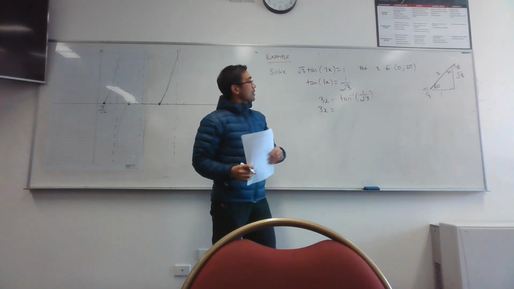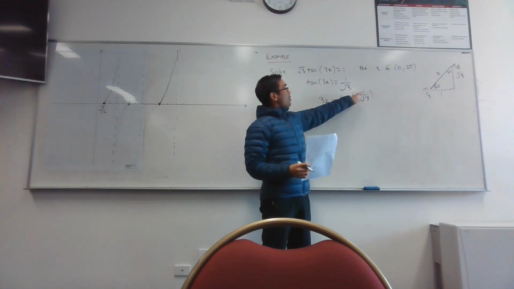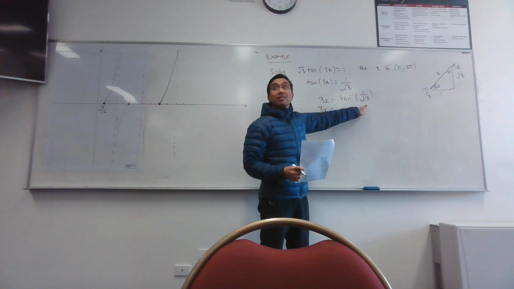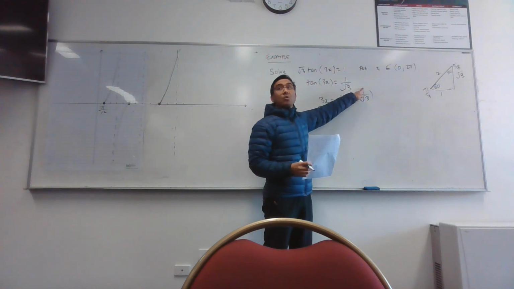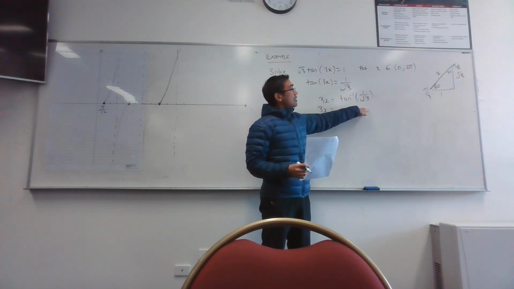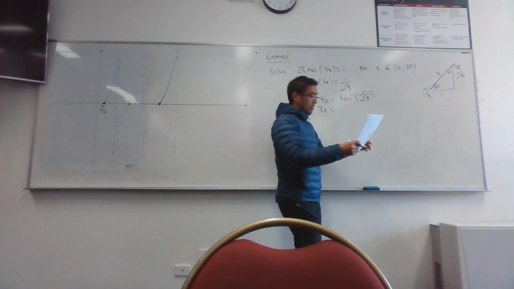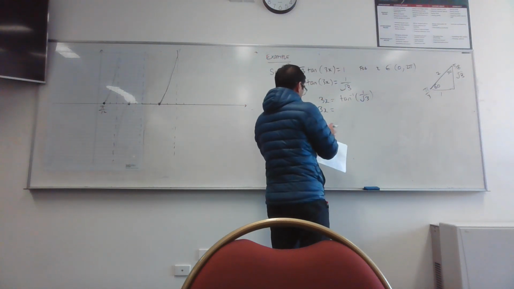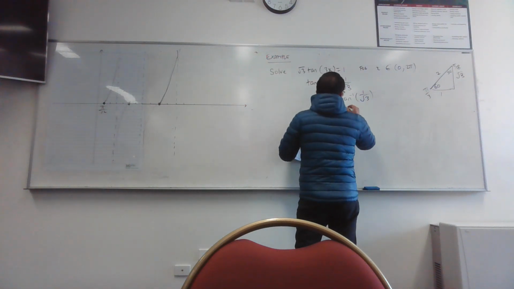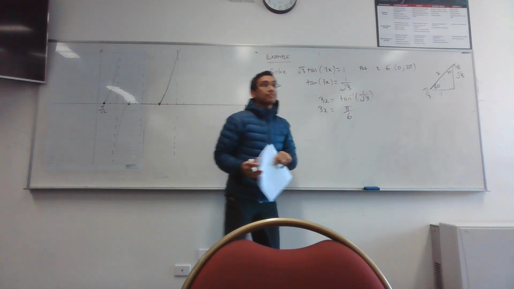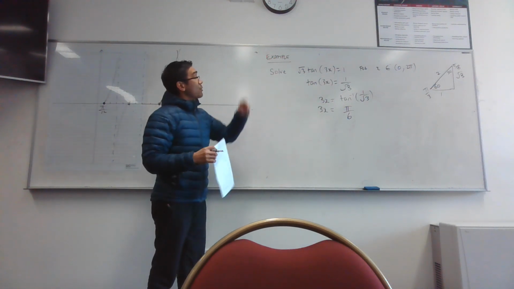What angle are we looking at again? Hold on. This here, I want an opposite over adjacent. The opposite has to be a 1. So it would be the 30 degrees. I think it is. That's a pi on 6, because we're working in radians. Yes, and we're working in radians.